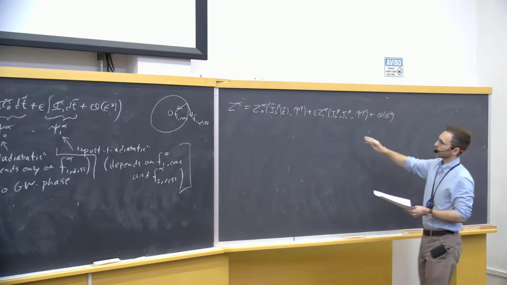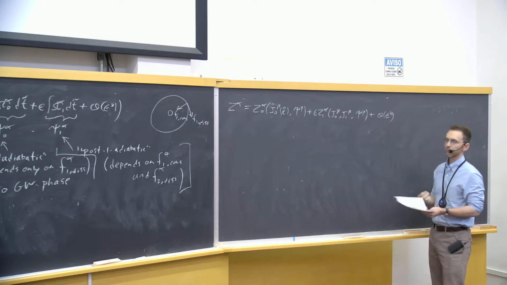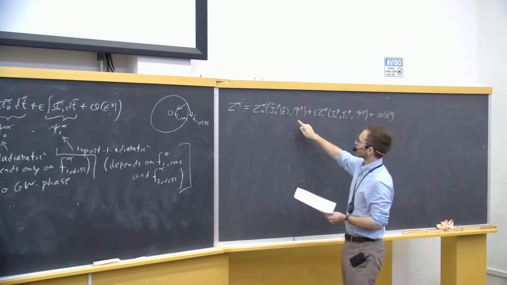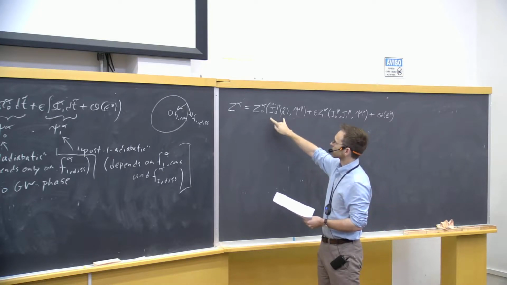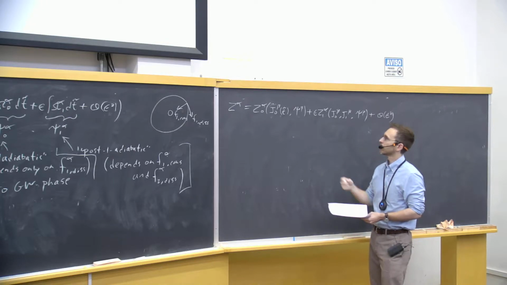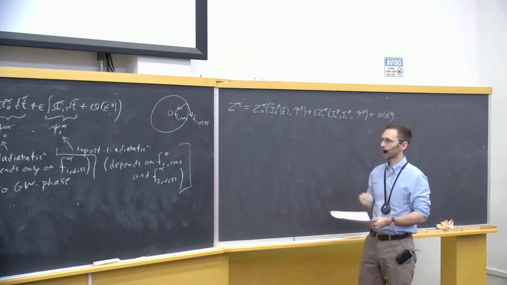Now, this looks kind of like a Gralewski expansion. I'm expanding the worldline. But the form of the expansion is completely different. This depends on the slowly evolving constants of motion, not on just a fixed geodesic constant of motion. And it depends on the exact phases of the evolving orbit.